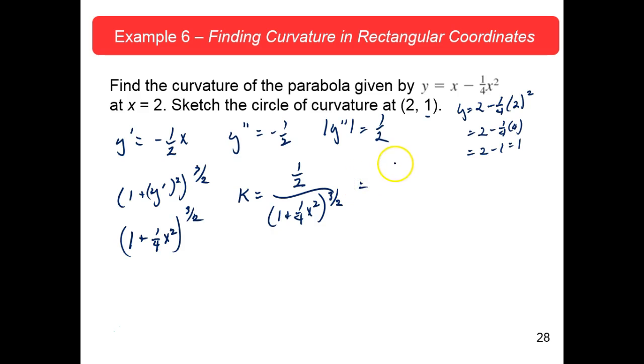So this is going to be 1/2 over 1 plus 1/4 of 4 to the 3/2 power. 1/4 of 4 is 1, 1 plus 1 is 2, 2 cubed is 8.